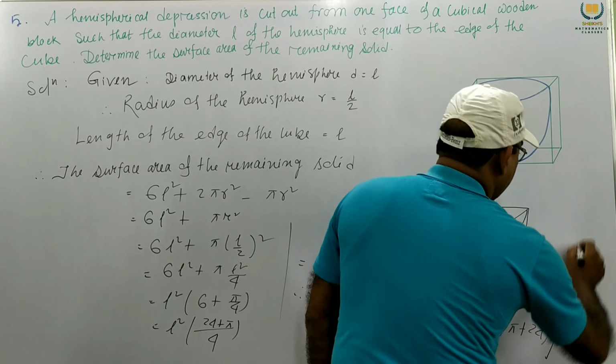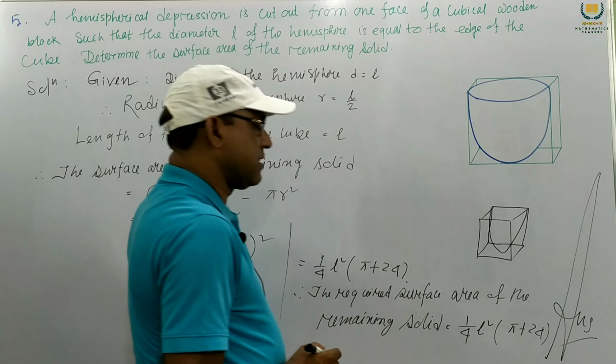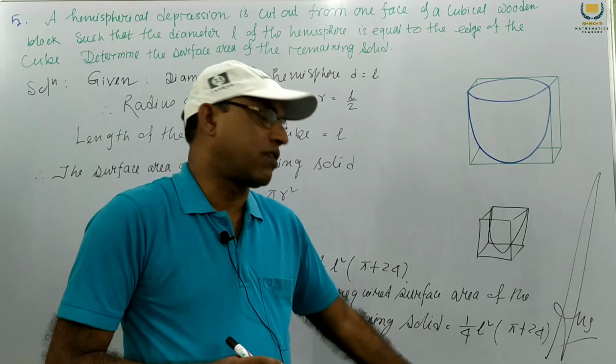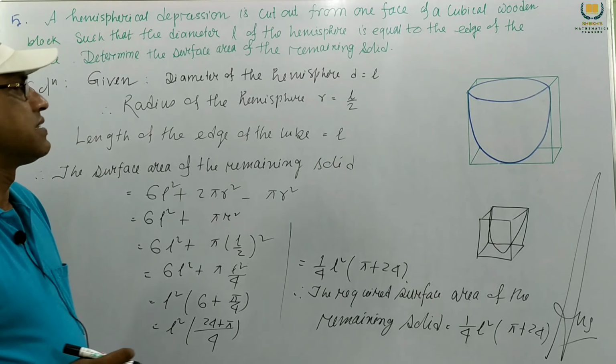This is our answer. This is the answer, 1 by 4 L square into pi plus 24. This is our final answer.